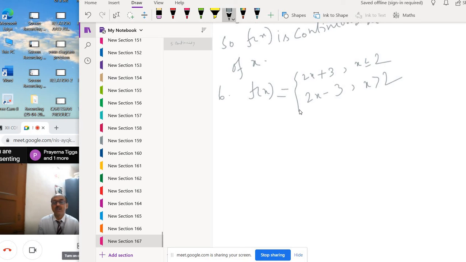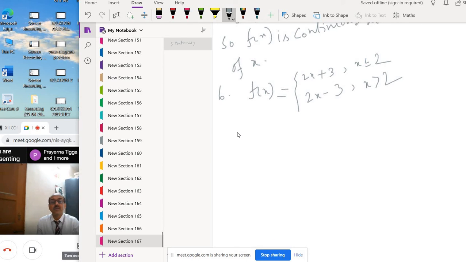That is the answer. So here two functions are given. When greater than 2, the function is 2x minus 3. When less than or equal to 2, the function is 2x plus 3.